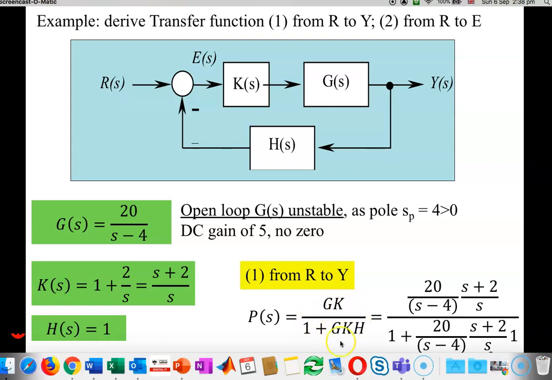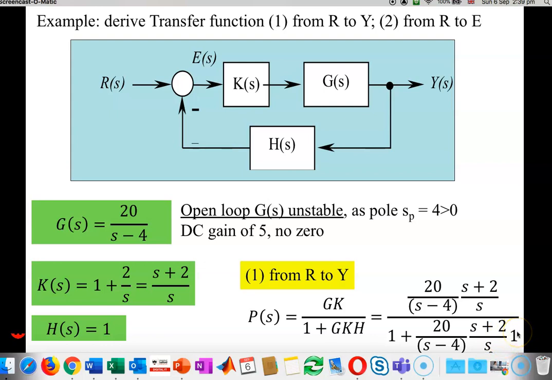Of course, that's only the expression. I have these G, K, H as transfer functions for the individual blocks, so I need to substitute them in. That gives me GK over 1 plus G, 20 over s minus 4, times K, that's s plus 2 over s, times 1, that's H(s).